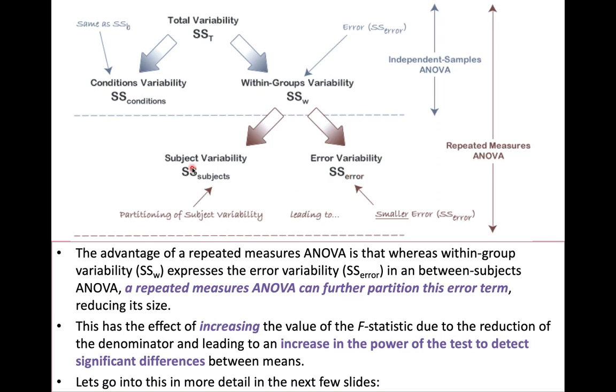Versus subject level variability. So these are individual differences like Samantha hates cake, and so she rates them all as 2s, no matter what flavor they are. And Jose loves cake, and so he rates them all high, no matter what flavor they are.